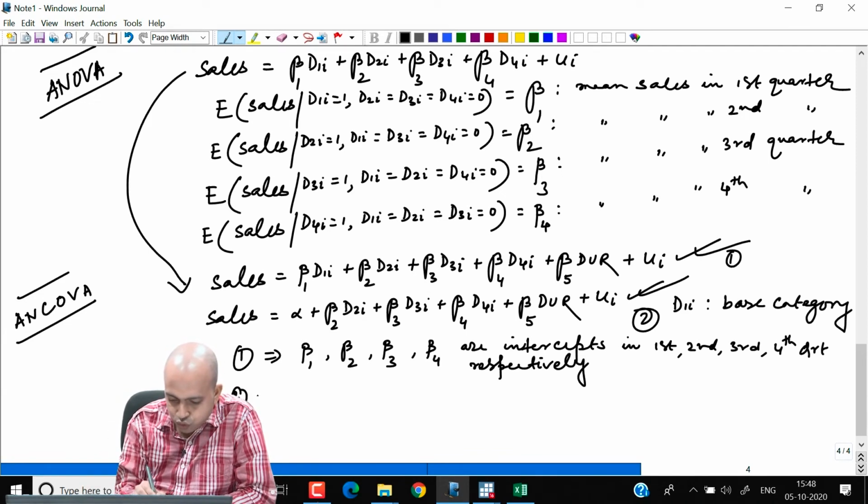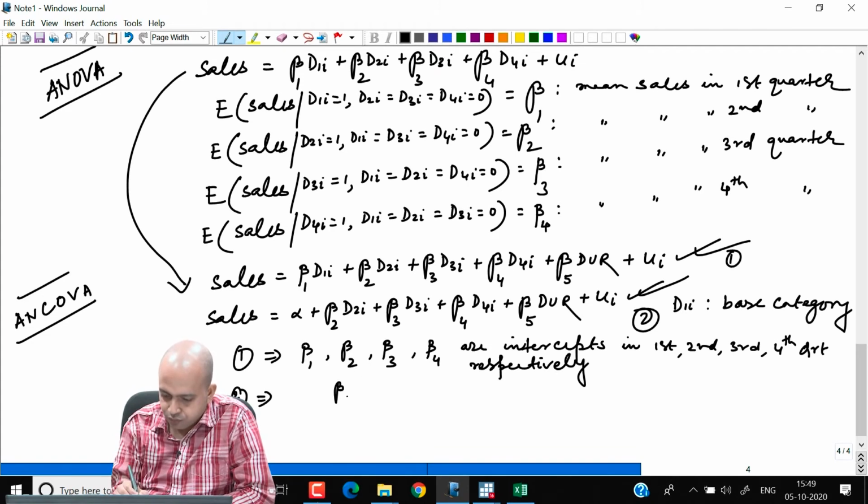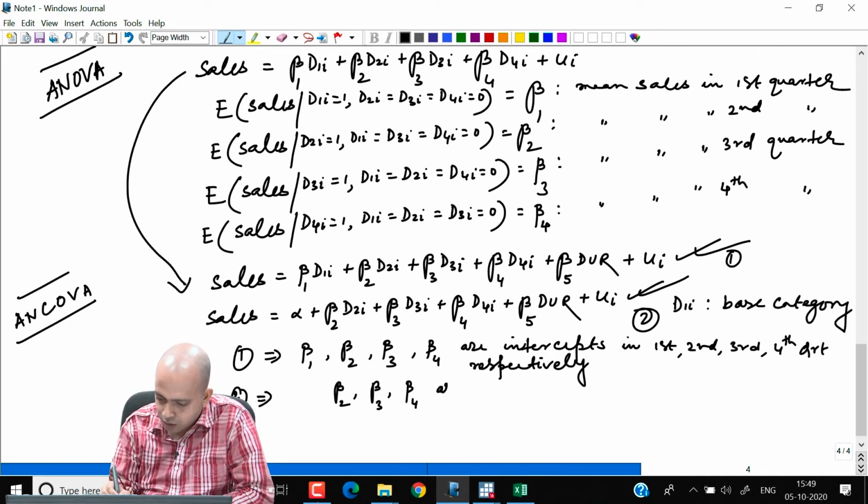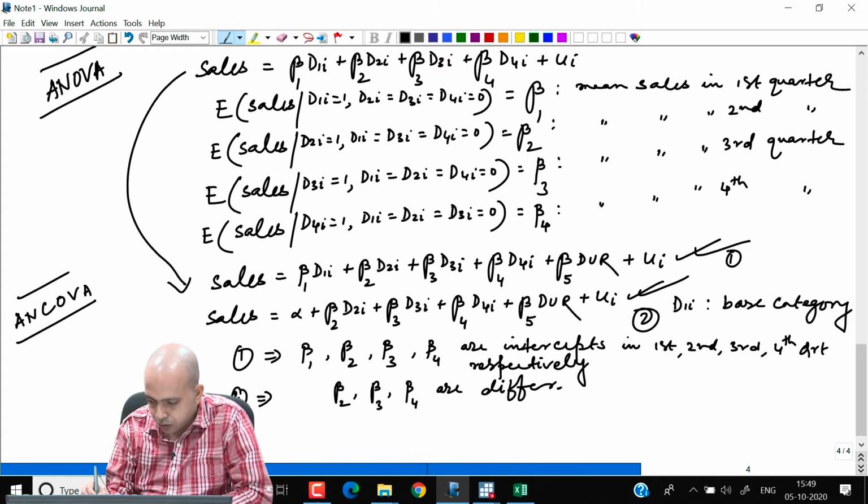But in model 2, beta 1, sorry, beta 1 is not there. In model 2, beta 2, beta 3, beta 4 are differential intercepts.